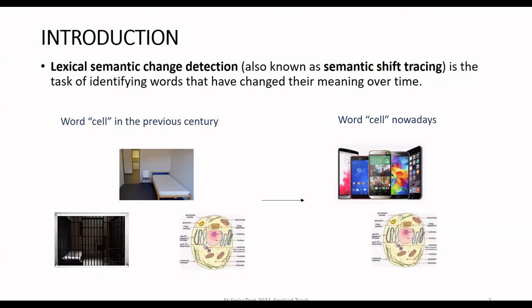So what is semantic change detection, otherwise known as semantic shift tracing? In this task, we have to identify whether the meaning of the sense or the semantics of a particular word changed over a period of time, or over different timestamps, multiple timestamps.